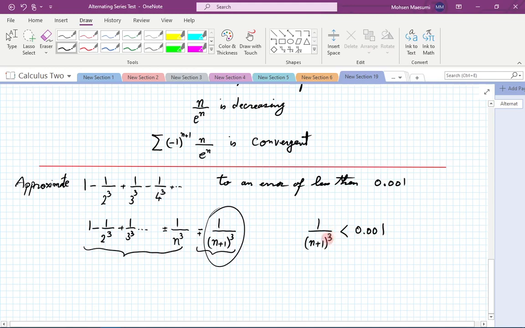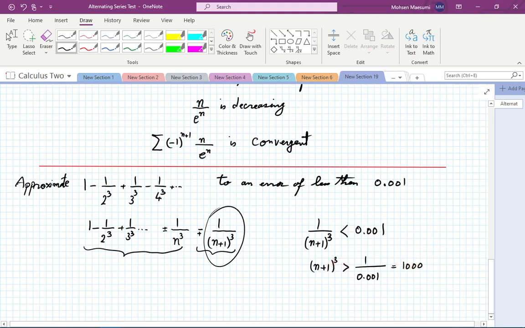That's going to be another obstacle you need to overcome. You always have the next term less than a thousandth, and then, if we cross multiply, this one is going to look like n plus 1 cubed is larger than 1 over 1,000th. Well, 1 over 1,000th is 1,000.